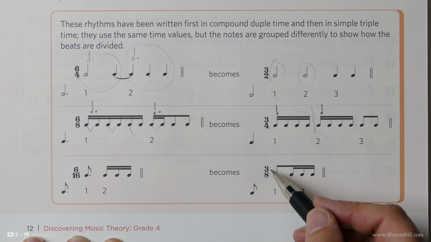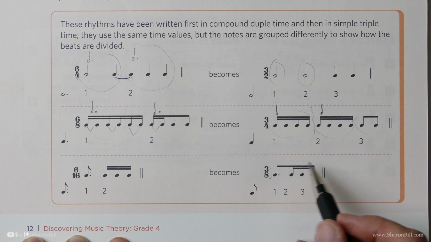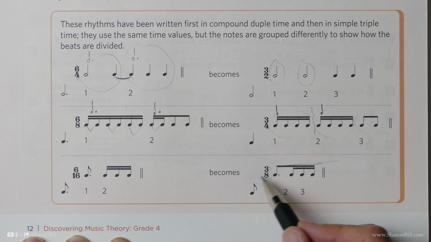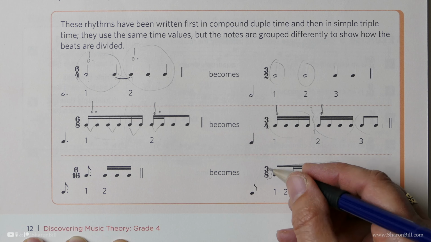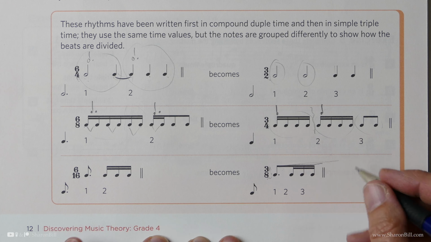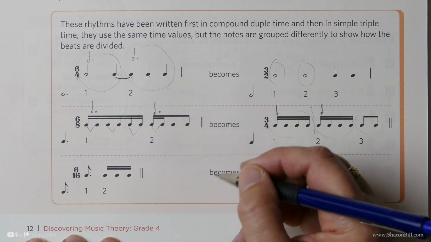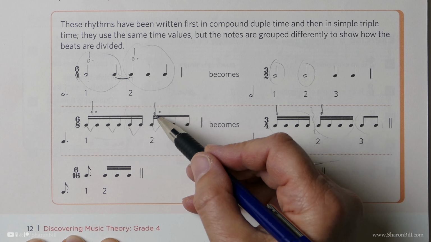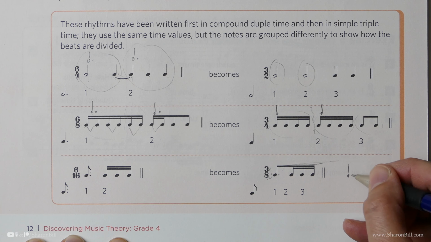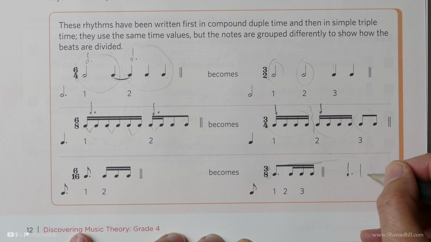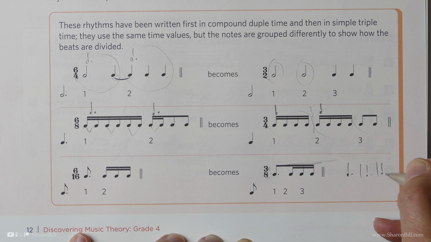However, in some respects, 3/8 helps us immensely because we just beam everything together. It's a short bar, and also it's simple time. This is the one that seems like it shouldn't be, but if you think about it, 6/8 is 2 dotted crotchet beats per bar. 3/8, there's 1 dotted crotchet beat, and you can't really go 1, 1, 1.